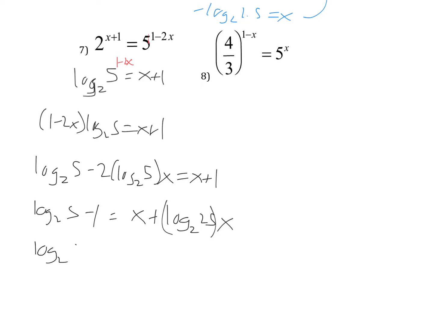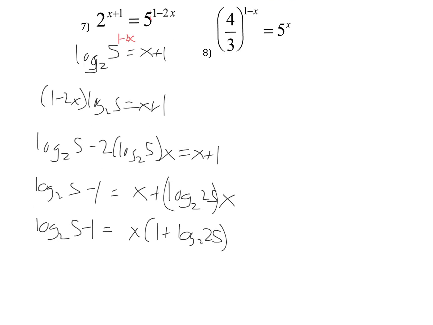Log base 2 of 5 minus 1 equals x times 1 plus log base 2 of 25. And then I just need to divide by that expression there. So I'm going to have log base 2 of 5 minus 1 over 1 plus log base 2 of 25 equals x.